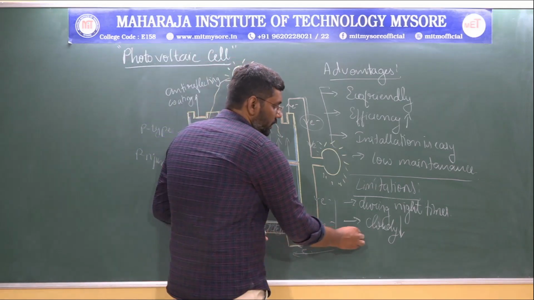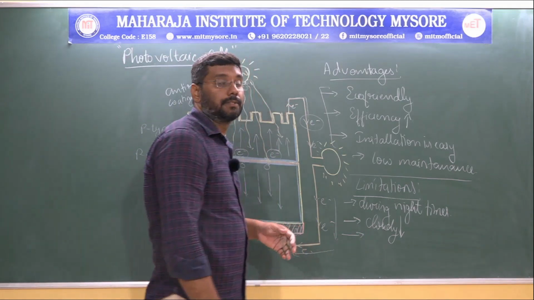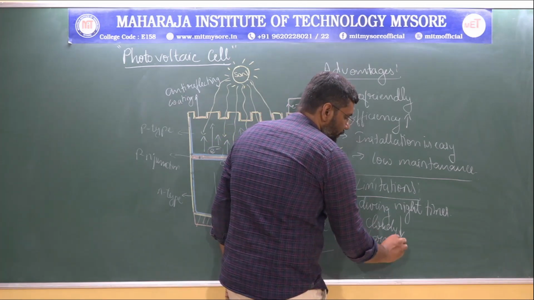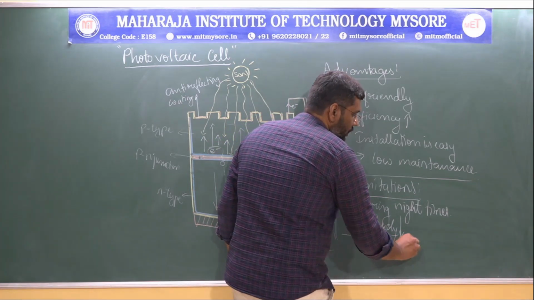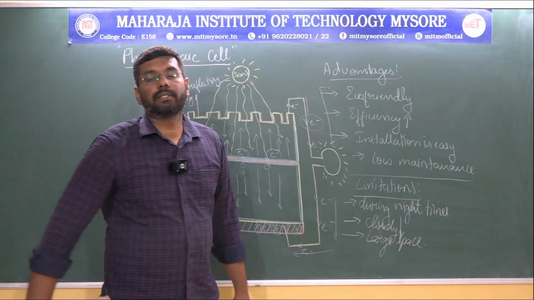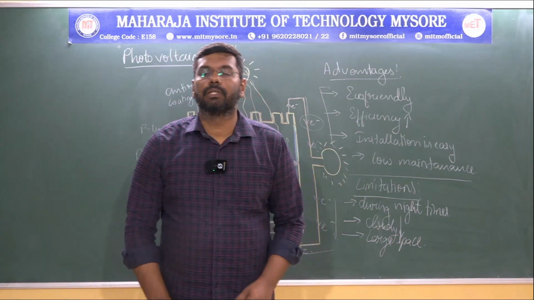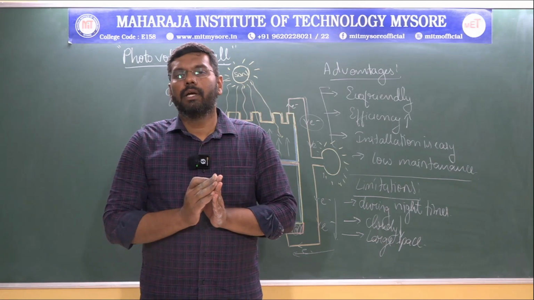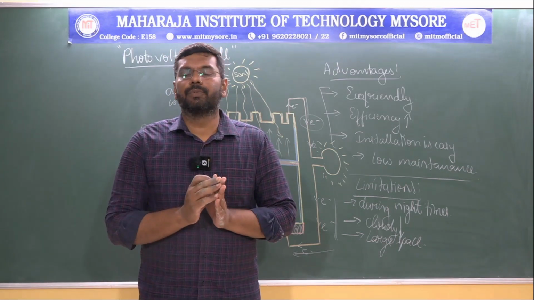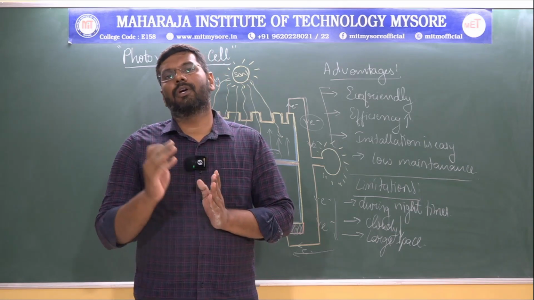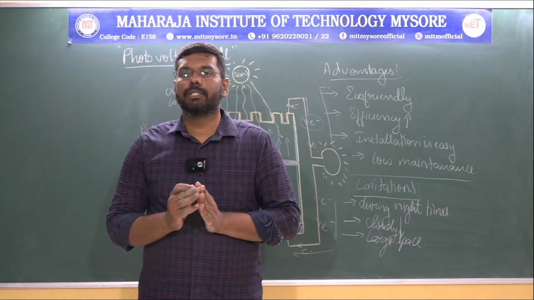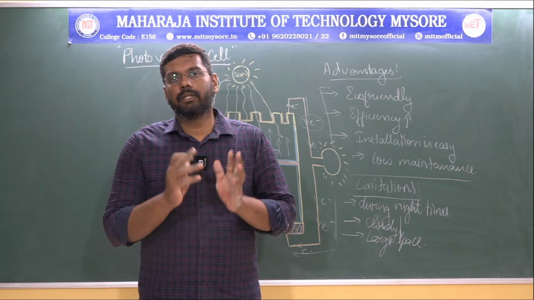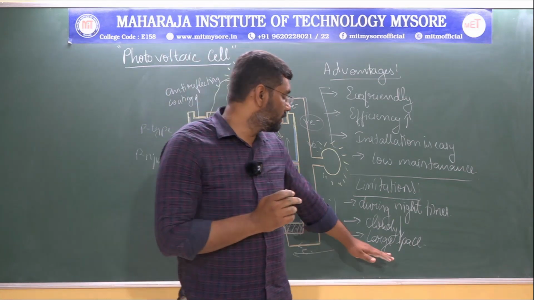Next, the third limitation is space. Large space is required for installation of these PV cells, because if you want to produce electricity to the maximum extent, then we require a huge space for the installation. Okay, small panels which can produce a very small amount of energy just to run one simple light have a very low installation cost.